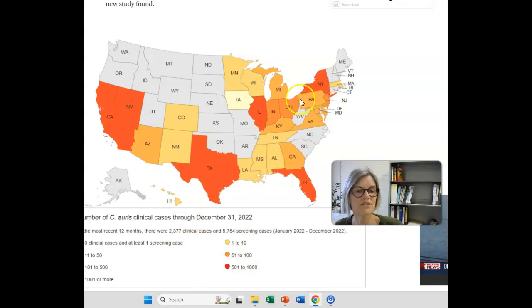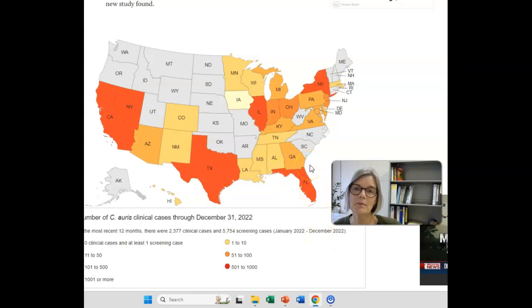And all these darker colors are all, let's see, the lightest ones are 0 to 1 cases. But look at these, all have 1 to 10. And 51 to 100 in some of these other states. So the numbers of these incidents has gone up dramatically from 2018 to 2022. And this is something that we're quite concerned about.